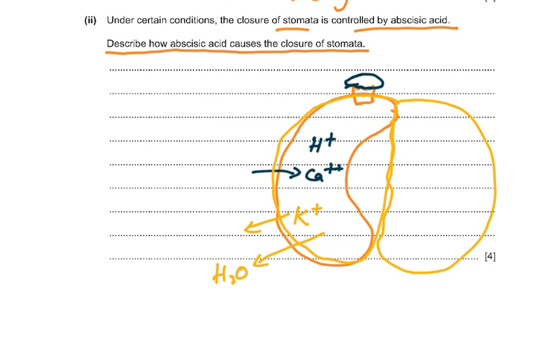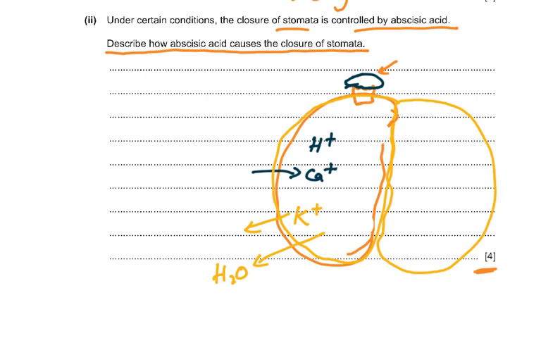So less turgid, flaccid guard cells close the stomata. This will close the stomata. So the stomata close. You have to be very careful to get your 4 out of 4 because this is a very easy part of the question. Abscisic acid binds to receptor here.